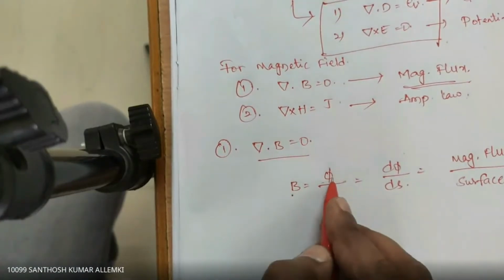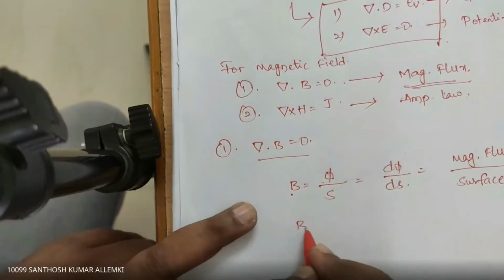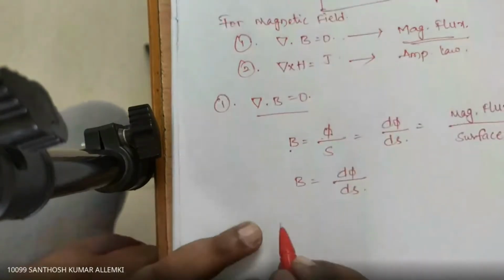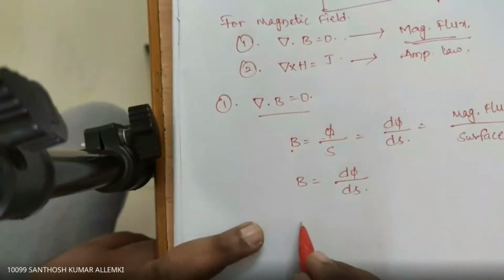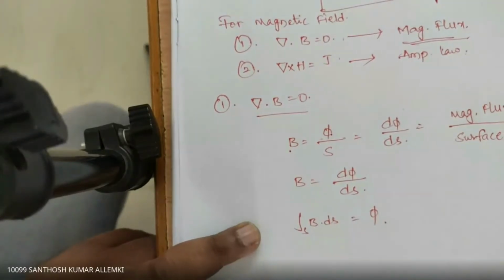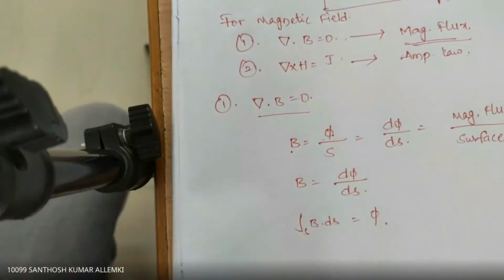From B equals d phi by dS, if we take integration on both sides, we get the surface integral of B dot dS is equal to phi. We have already derived this expression previously in the magnetic flux concept.